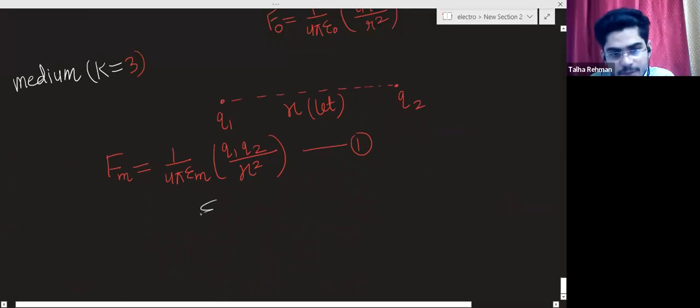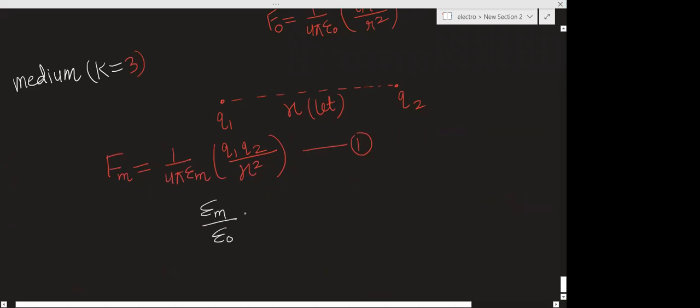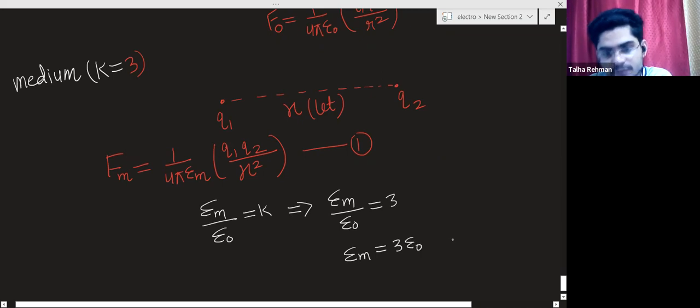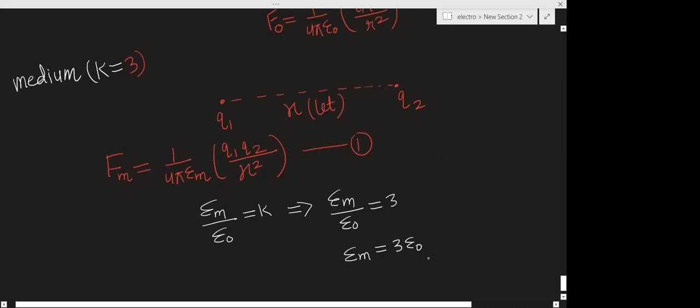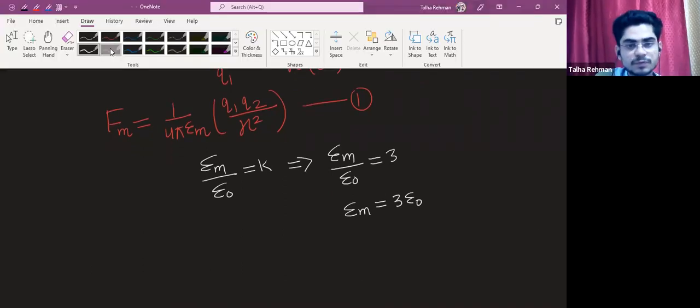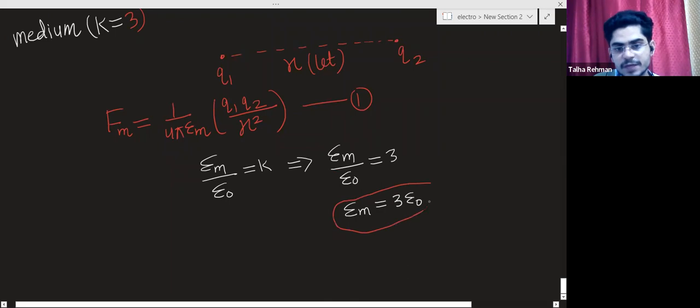So we have epsilon m by epsilon naught equal to K. What is the value of K? It is 3. So I can write epsilon m as 3 into epsilon naught. And now I will put this value of epsilon m here.